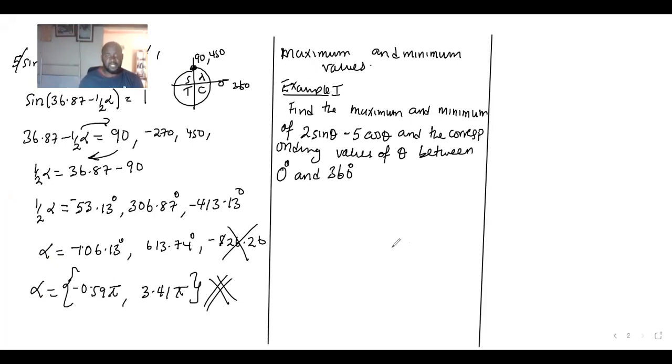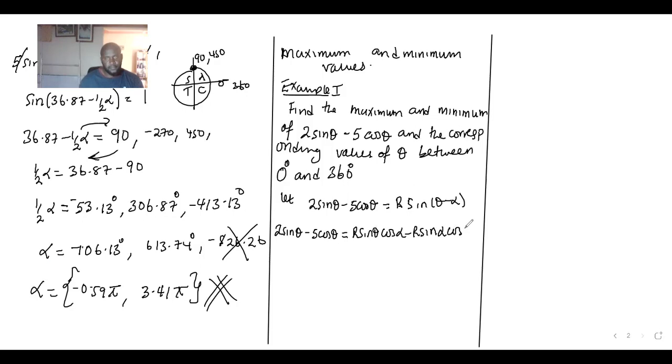To start with, you have to let 2 sine of theta minus 5 cos of theta be equal to R, for example, sine of theta minus alpha. Then you go for the same procedure.